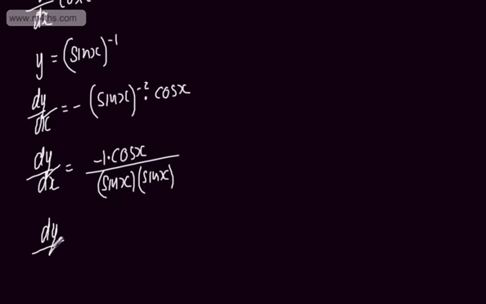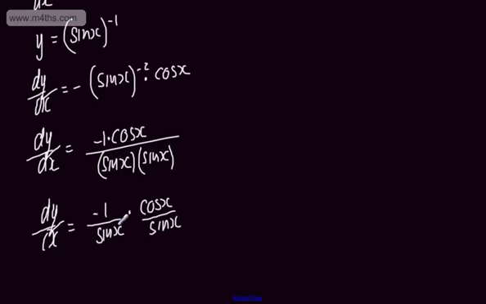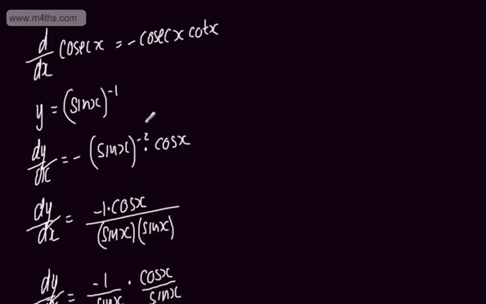So we've got dy by dx will be now 1 over sine x, and we'll put the negative there, multiplied by cos x over sine x. This gives us cosec x, this gives us cot x, therefore we show the result. And if you just want to write now 1 over sine x is cosec x, cosine x over sine x is cot x. And that is shown now that the derivative of cosec x is minus cosec x cot x.